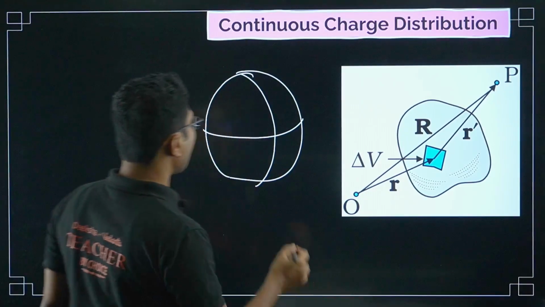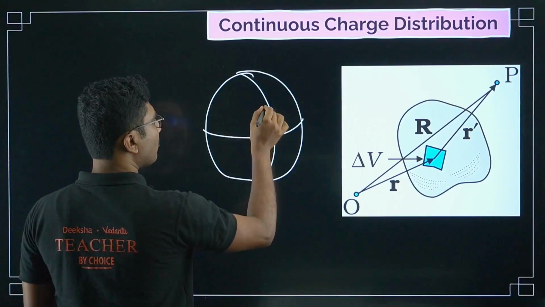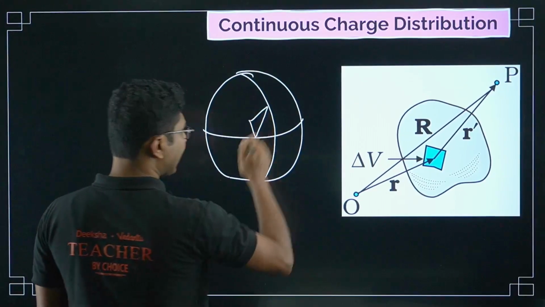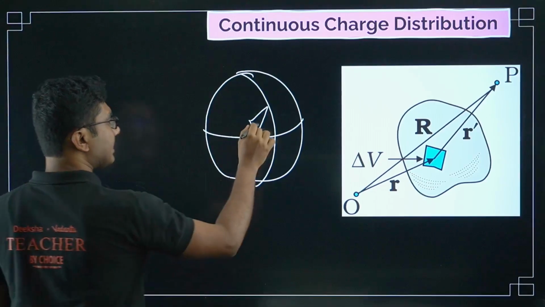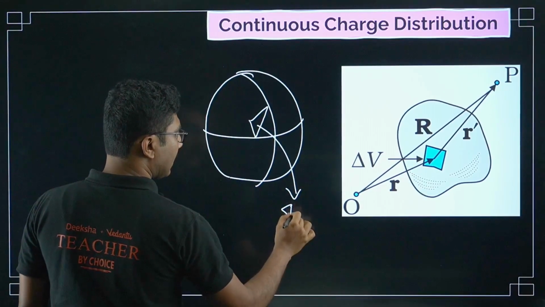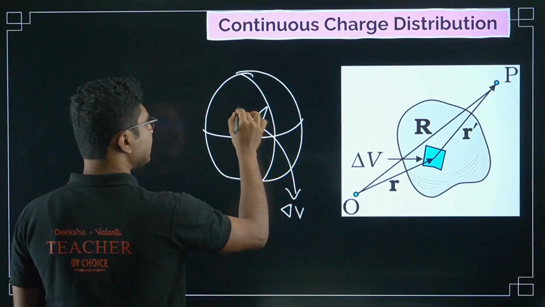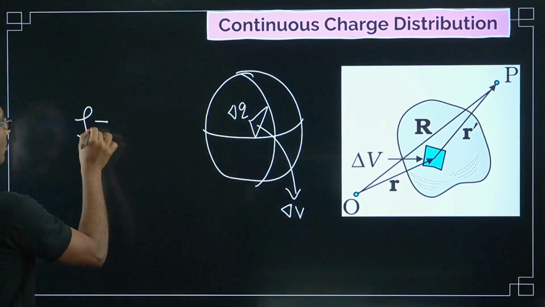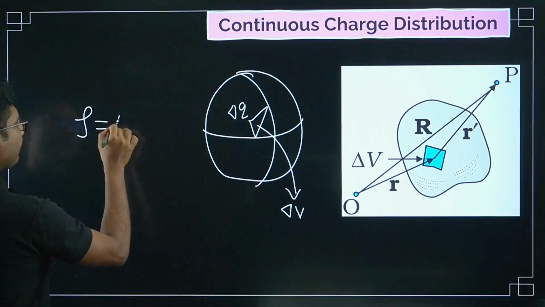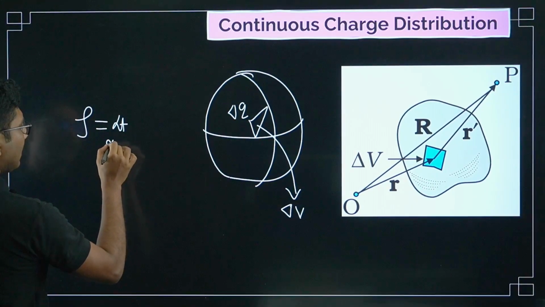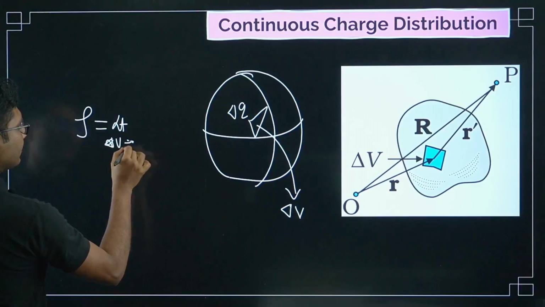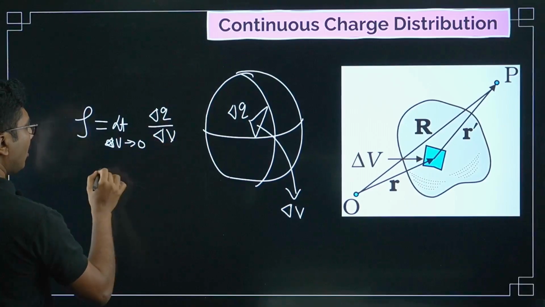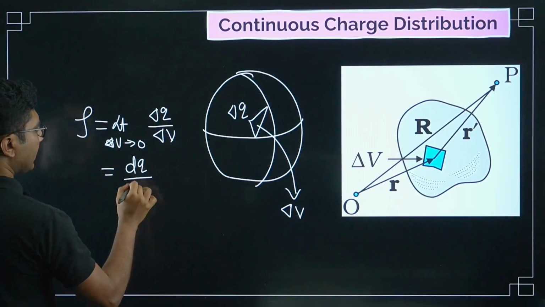Now if you take a small portion cut out from that, with volume say delta V, and the charge inside is say delta Q, then the volume charge density rho is given by the limit delta V tends to 0 of delta Q by delta V, or dq by dV.